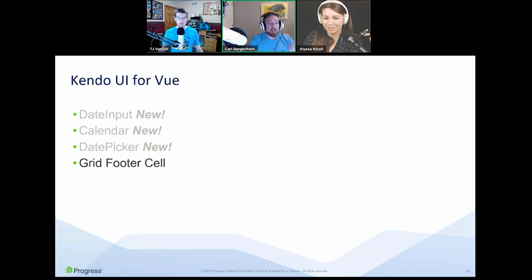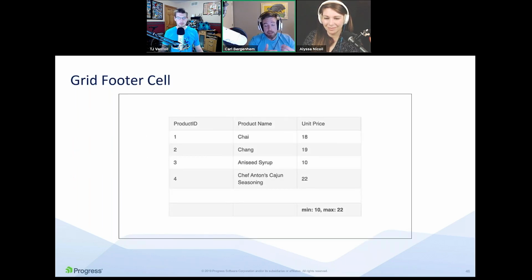And then on the footer cell piece, that is exactly what you see here, right? This is a small grid, it just has four items, but it allows us to quickly highlight what's the min and what's the max, right?